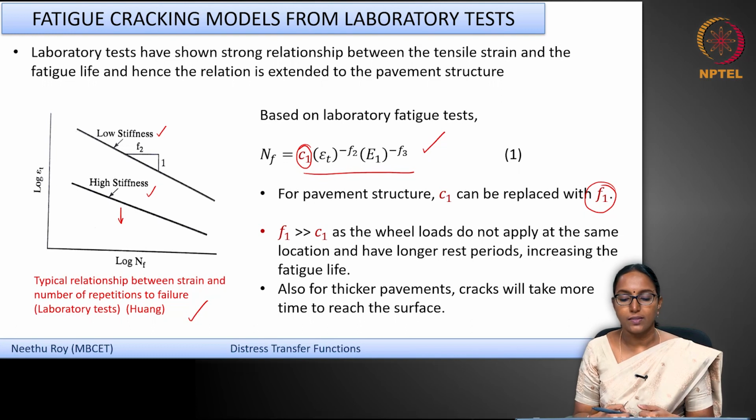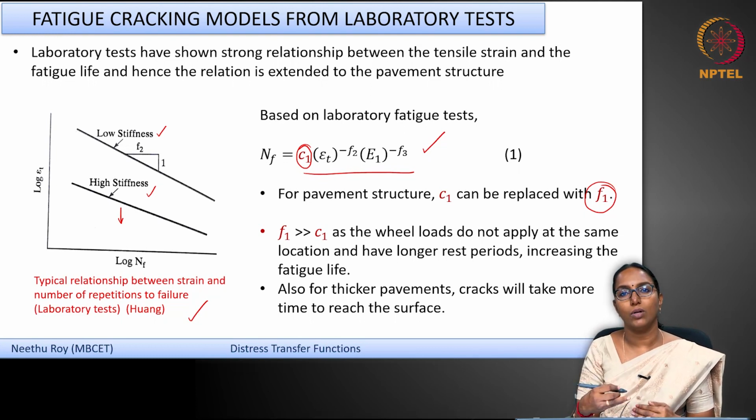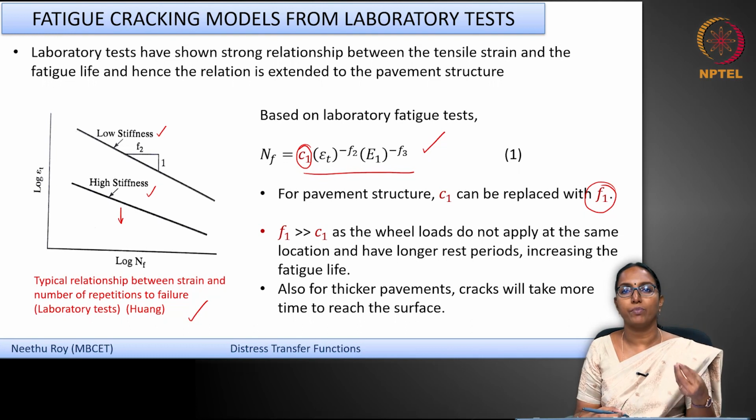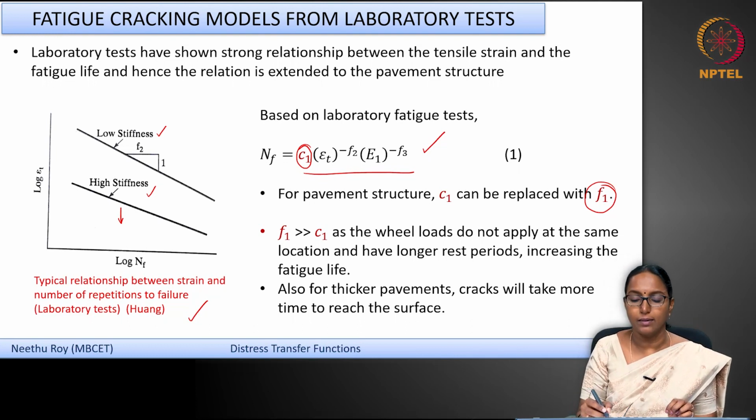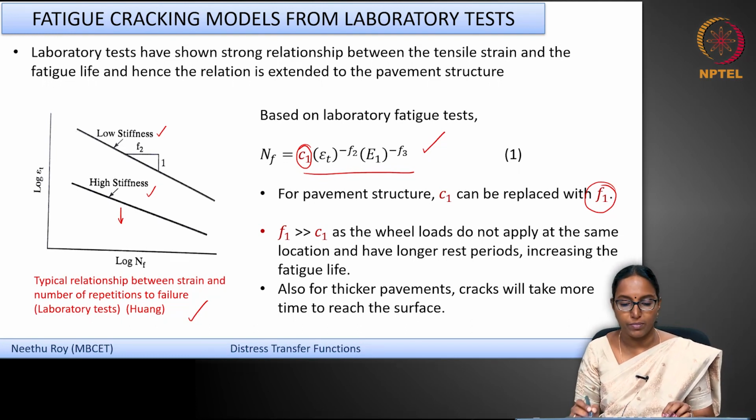So, it is not necessary that a small number of load repetitions will bring it to a failure. Also, in the case of thicker pavements, a large amount of time may be required for the crack to propagate from its location of initiation to the surface of the pavement. Essentially, the distresses will be measured as you see on top of the pavement structure, right? So, F1 will be a factor which will be much greater than the C1 factor that is estimated from the laboratory.